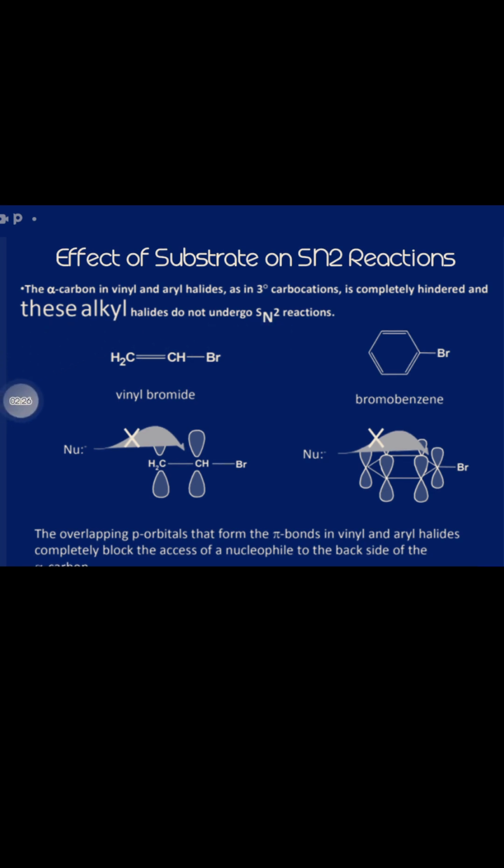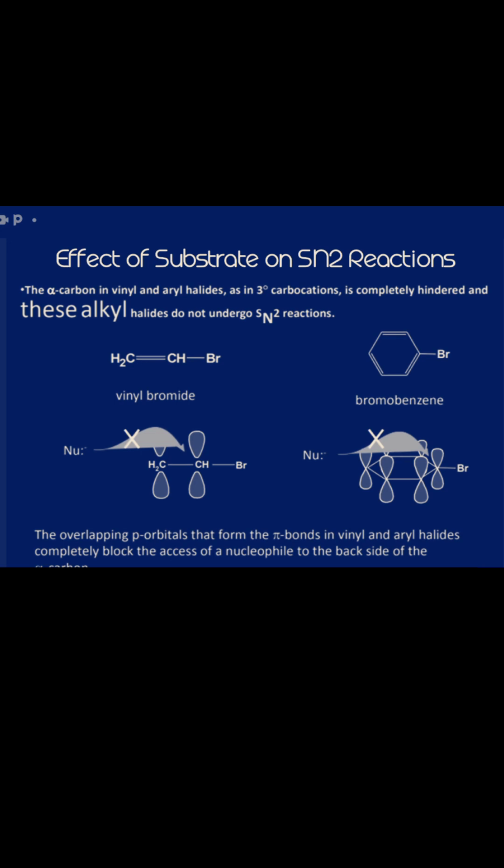Why does this happen? Because in SN2 reactions an inversion product is formed. Read this statement: the overlapping p orbitals that form pi bonds in vinyl and aryl halides completely block the access of the nucleophile to the backside of the alpha carbon.